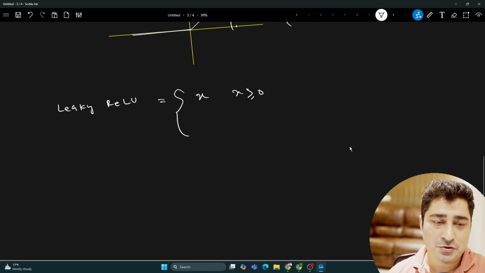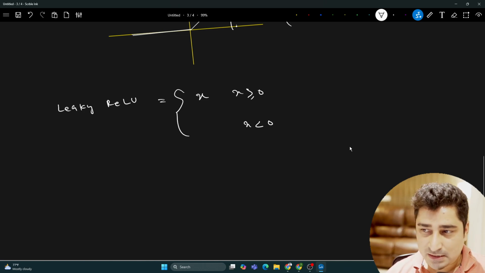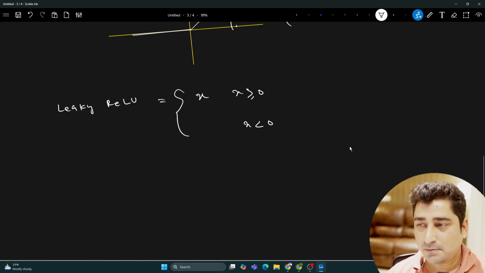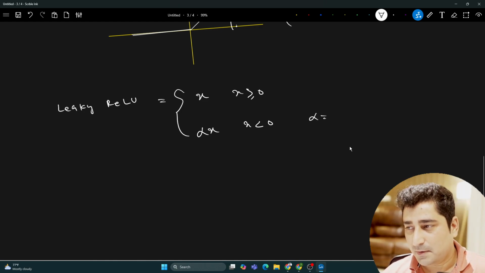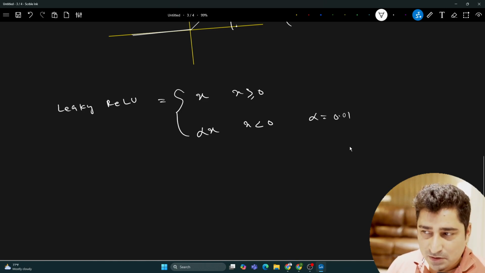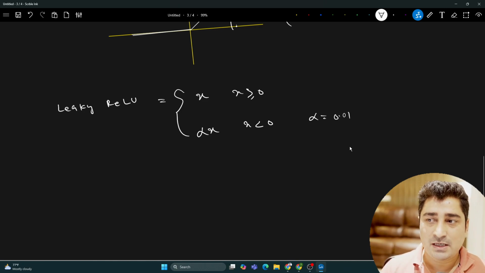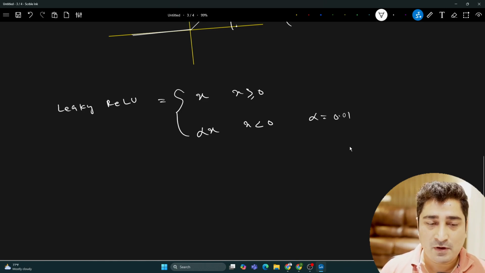For any input value lesser than 0, it gives me alpha of x. Alpha is a constant that we consider, and usually the value of alpha is 0.01. So it gives me an activation even on the negative side, some sort of output whenever I input negative data.